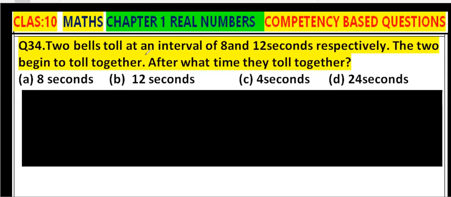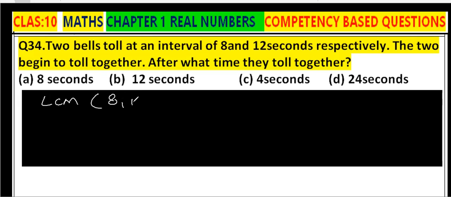Two bells toll at an interval of 8 and 12 seconds respectively. The two bells begin to toll together. After what time will they toll together? 1 और 2 हमारे पास बेल्स हैं, घंटियां हैं, वो 8 सेकेंड और 12 सेकेंड के बाद वापस में बजती हैं. अगर दोनों एक साथ टोल करती हैं तो नेक्स्ट टाइम कितने देर में वो टोल करेंगी? देखिए इसके लिए आपको एलसीएम फाइंड आउट करना पड़ेगा.